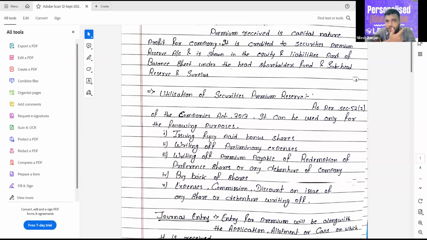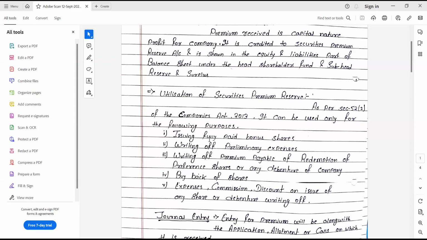So we cannot cancel the security premium reserve, or distribute dividend from it. We cannot do any of these things. So these are the uses of security premium reserve. This is very important, so please write this down or take a screenshot.